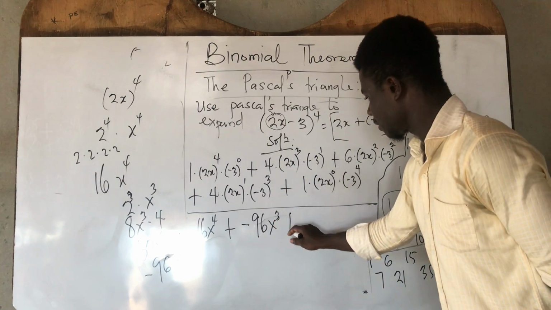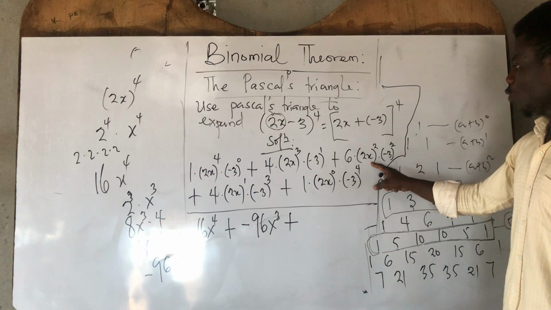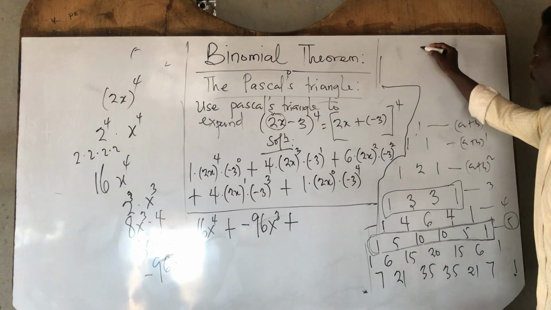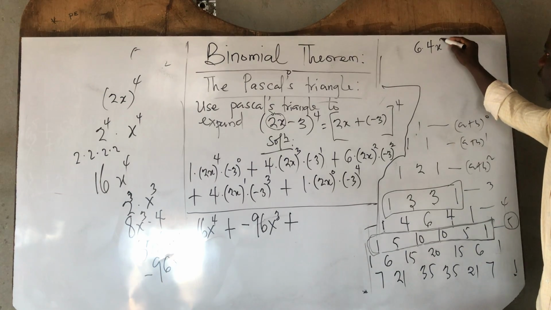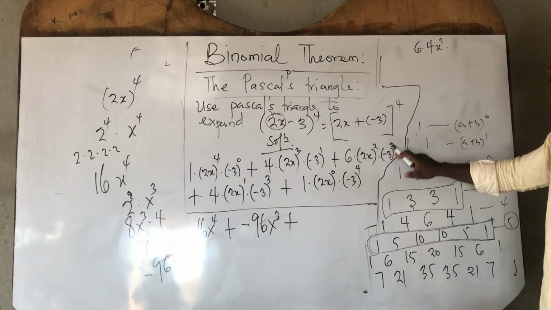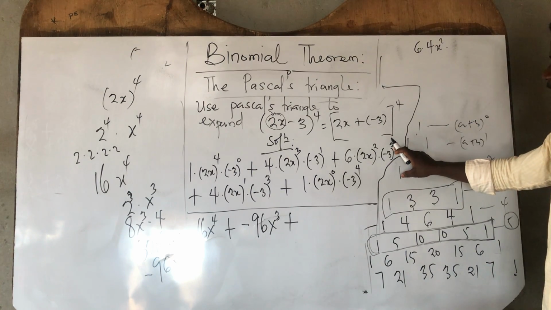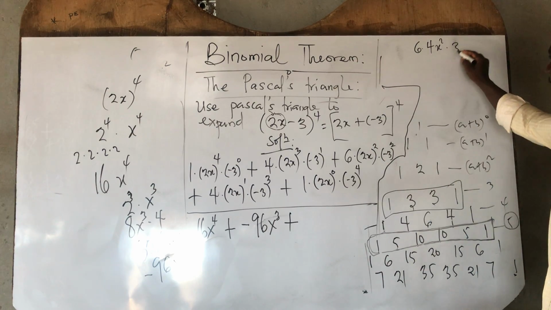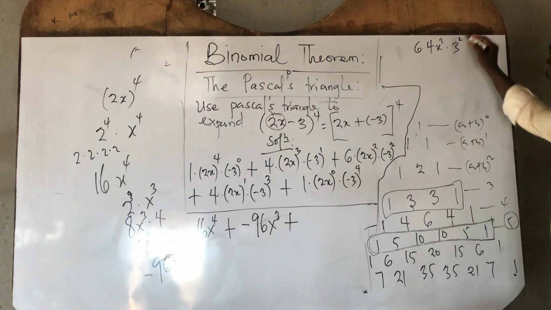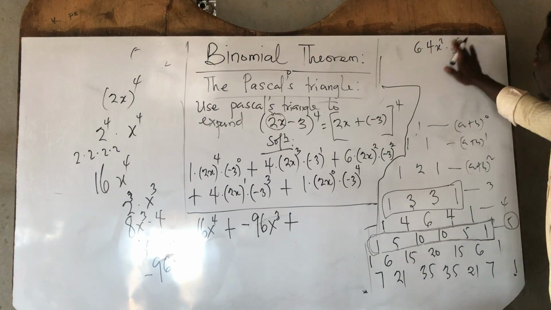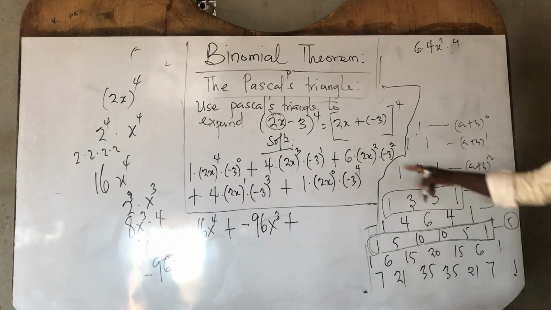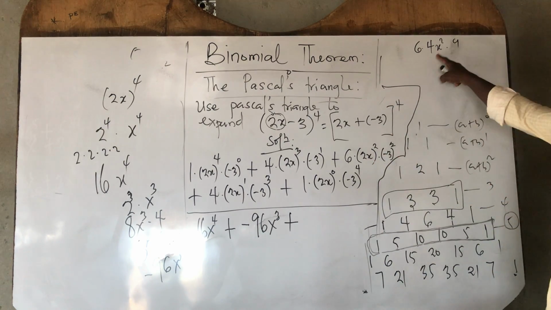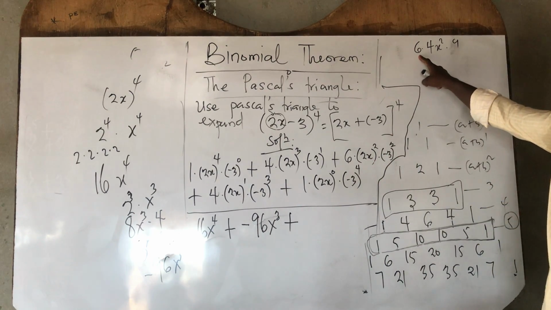Then plus (2x) all squared will give us 4x squared. So I have 6 times 4x squared times (-3) all squared, because this one is an even number, 2, it will affect the negative and make it positive. So (-3) squared simplifies to 9, and (2x) squared gives 4x squared. Then times 6.